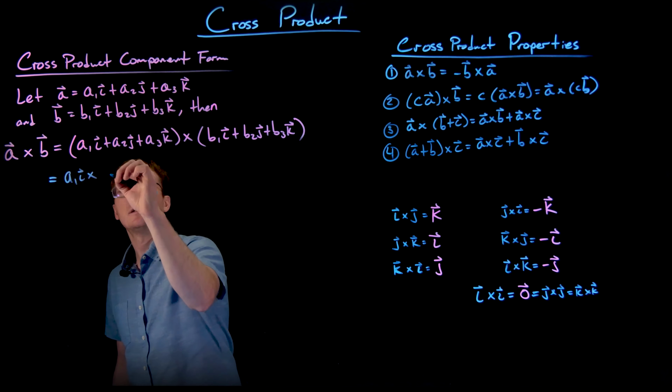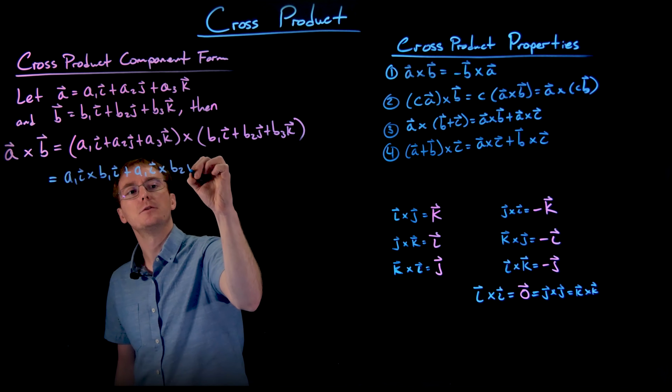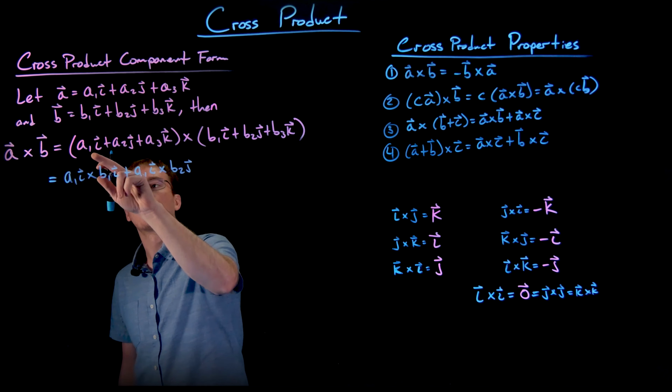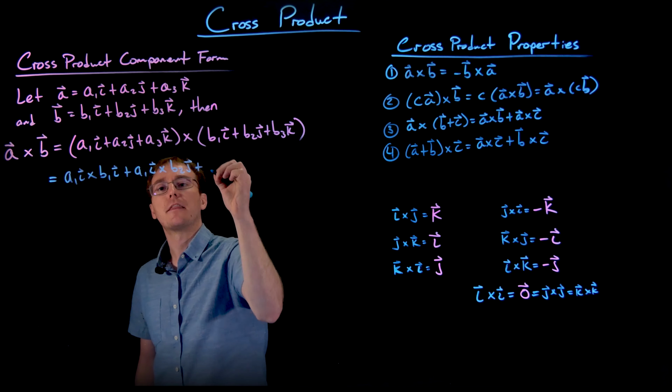Then we add to that a1 i crossed with b2 j. Then we have to do this one more time, distributing a1 i to b3 k, and that third term is going to look like a1 i crossed with b3 k.